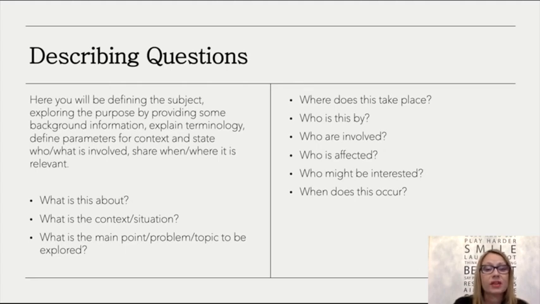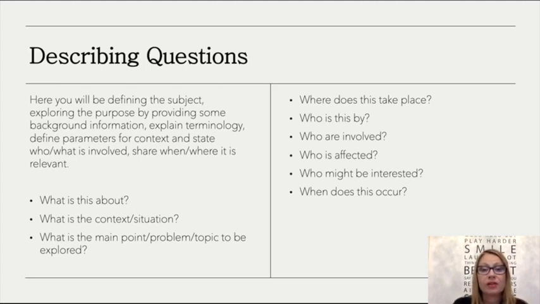So typical questions that you will be addressing, and you address these through your reading, and then address those in your writing. Obviously, we're not going to ask a specific question in the writing, you're just going to address it. But typical questions that you would ask yourself to pose a good position for your wider reading and assignment preparation are: what is it about, what's the context, what's the situation, what's the main point, problem or topic that's explored. Often you're given that from the outset.